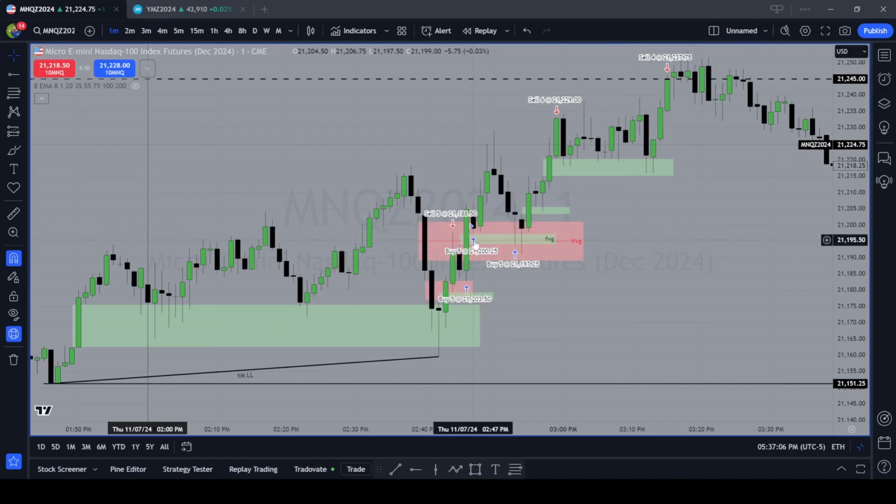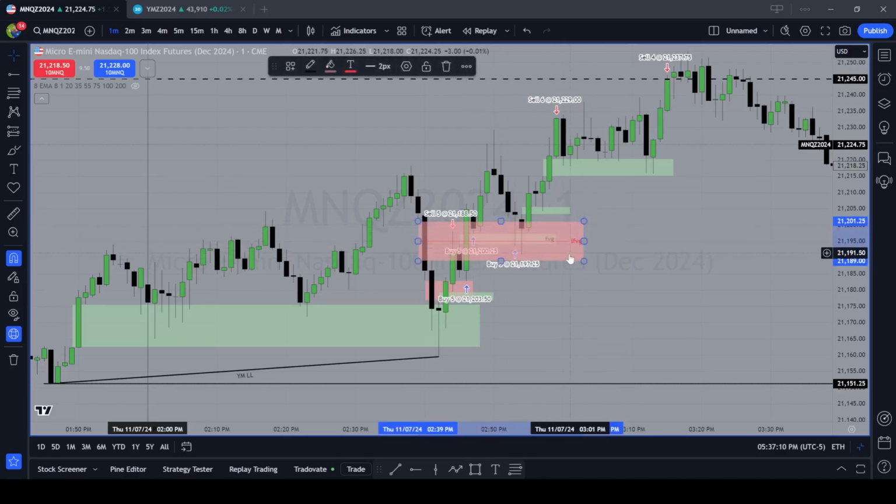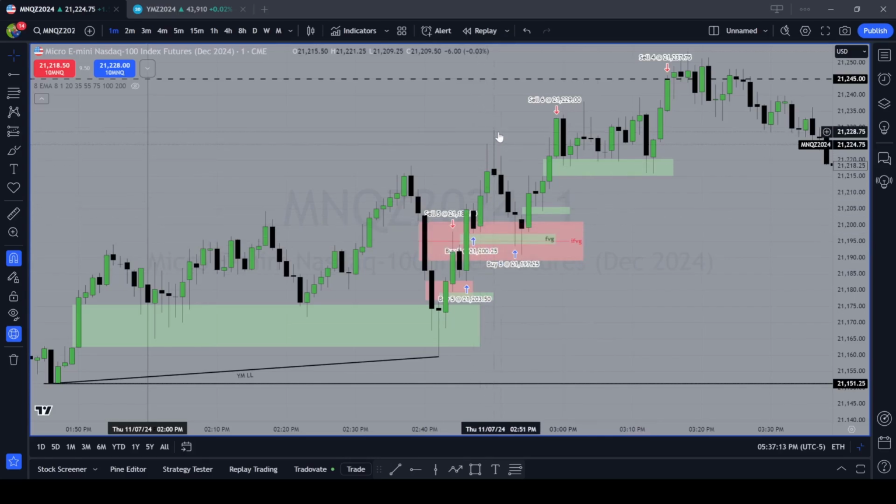So bought right in here, which is the top of this inverted gap here, and then price starts to move away. I noticed it made a new gap there, and then second entry at the top of this gap here. Price starts to trade away again, and I saw this gap was formed.